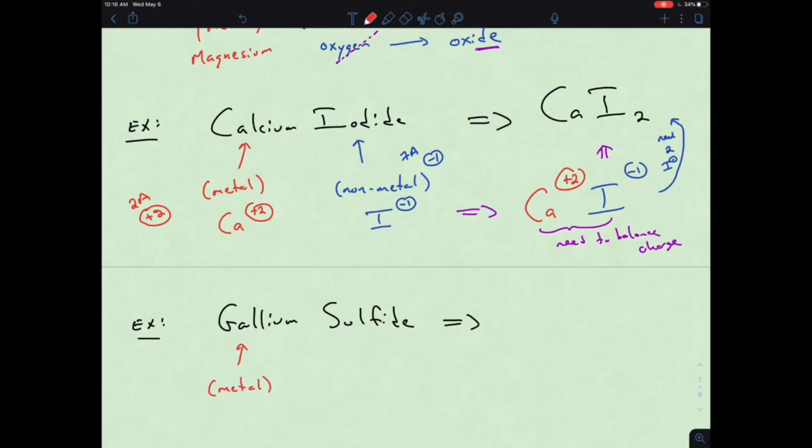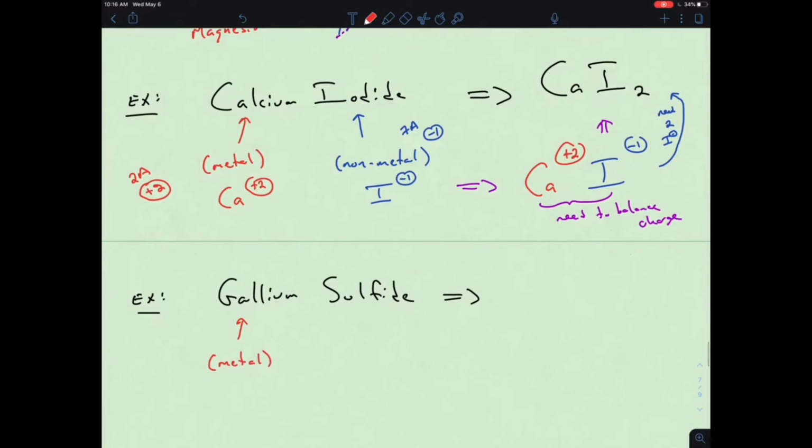We still have our metal first. In this case, this is the gallium. Gallium is abbreviated by Ga. We look at gallium, it's in the 3A group. So that's one of those +3 charges that we have.